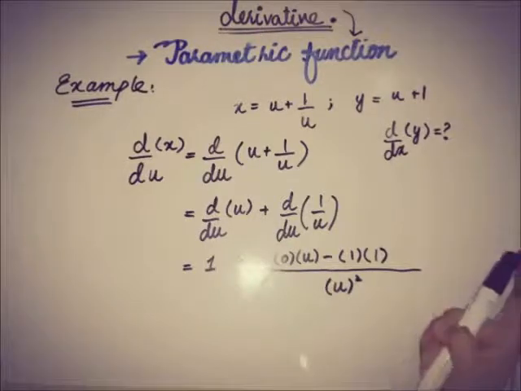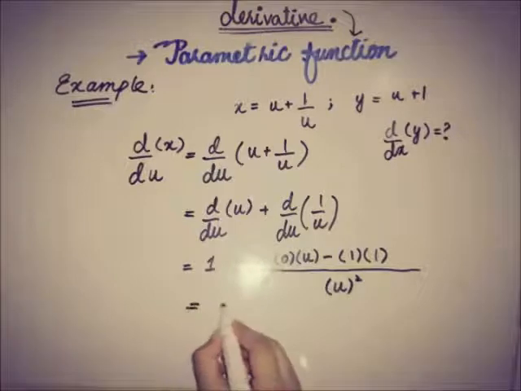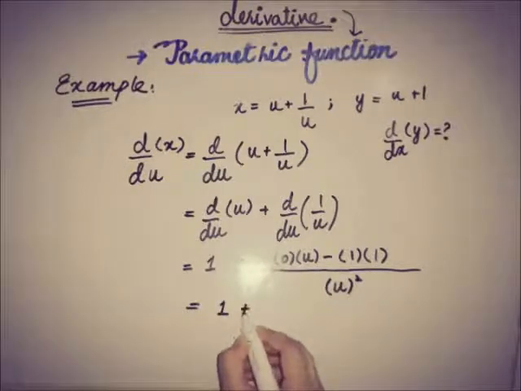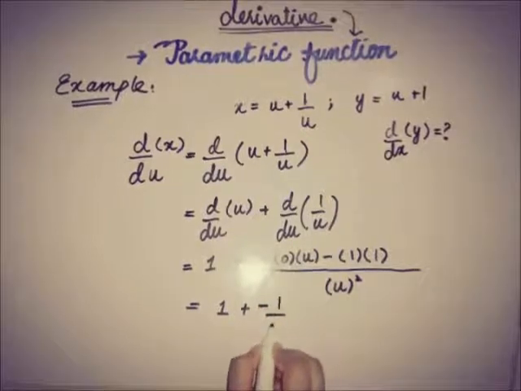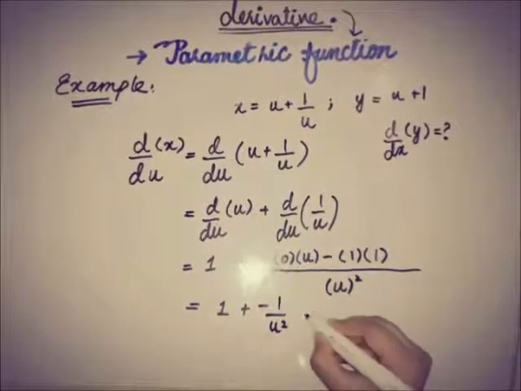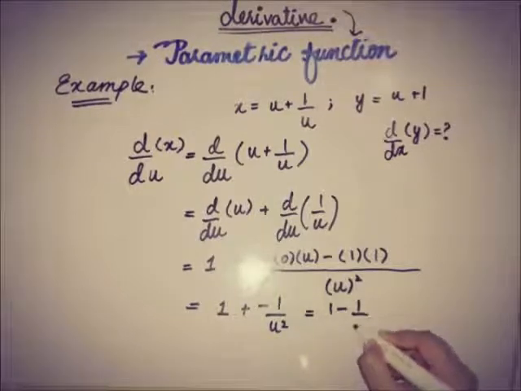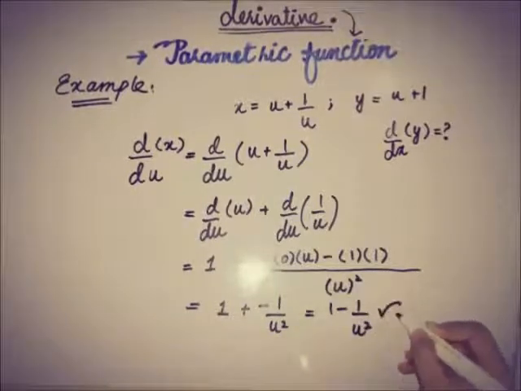We will get 1 plus minus 1 over u square, that is 1 minus 1 over u square. So this is the rate of change of x with respect to u.